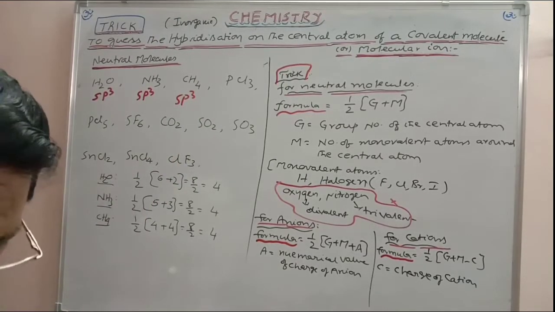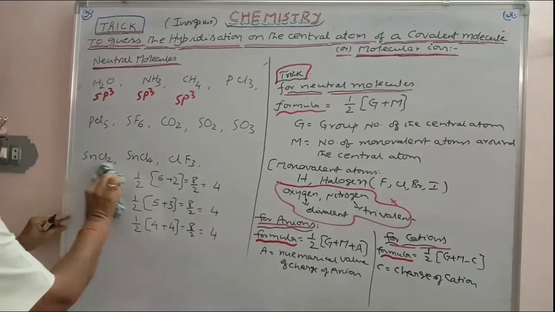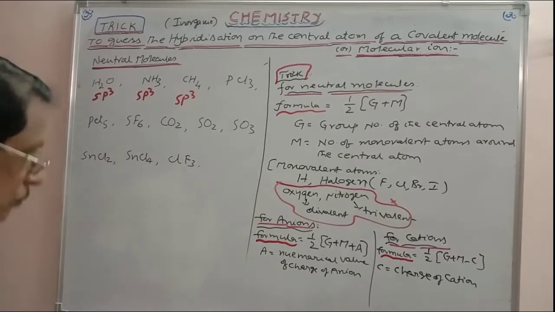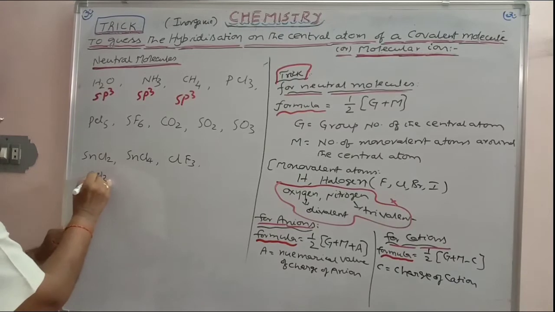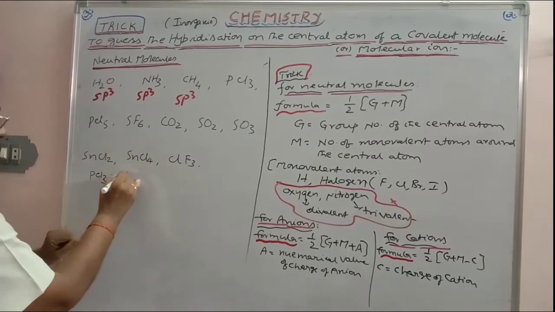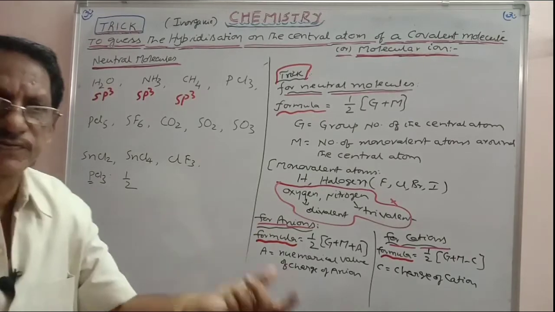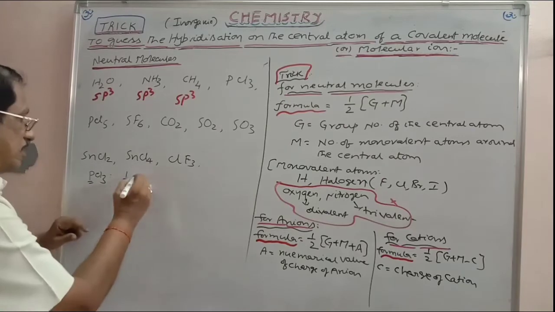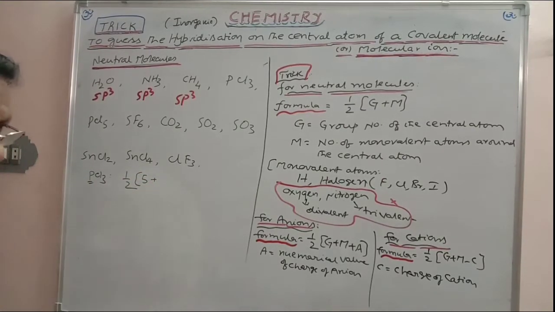Now let us consider the remaining examples also. PCl3: half into, phosphorus is the central atom. Phosphorus belongs to the 5th group, the nitrogen-phosphorus family. So the group number of the central atom is equal to 5. Surrounding atoms are chlorines.